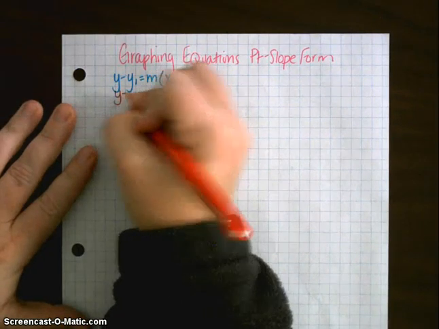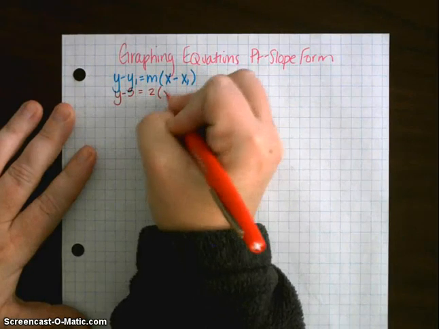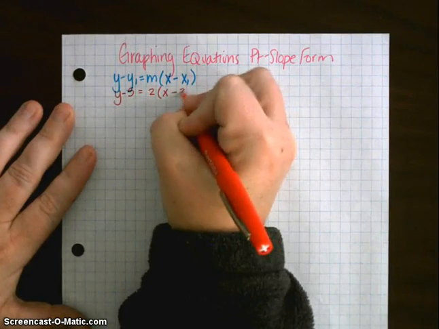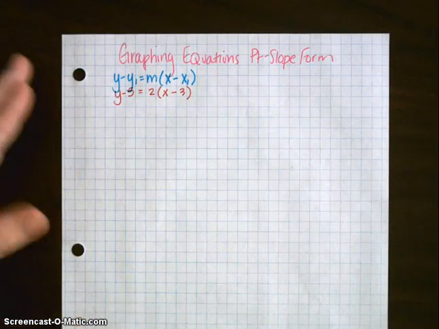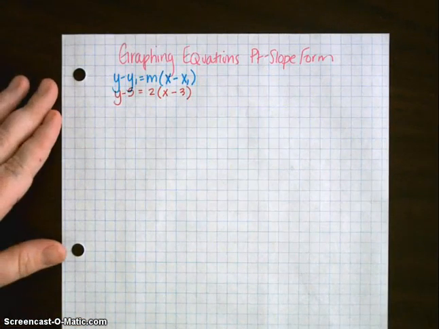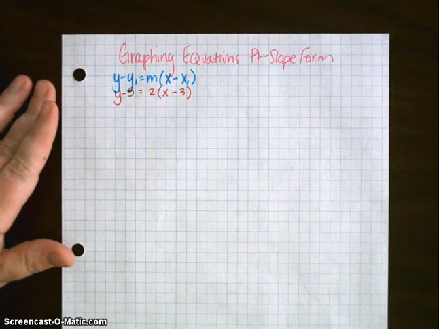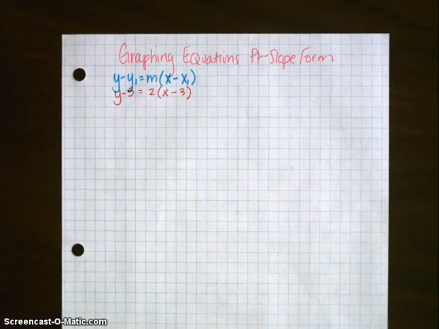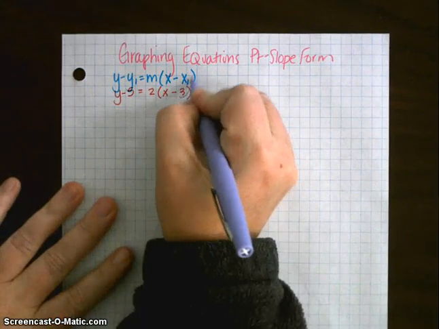So I'm going to give an example equation. Let's say we have y minus 5 equals 2 times x minus 3. First thing I'm going to do if I'm in this form is pull off the individual point that's given to me and the slope, and then I can use that to graph. So the point that is given to me, the x value of that point is 3.